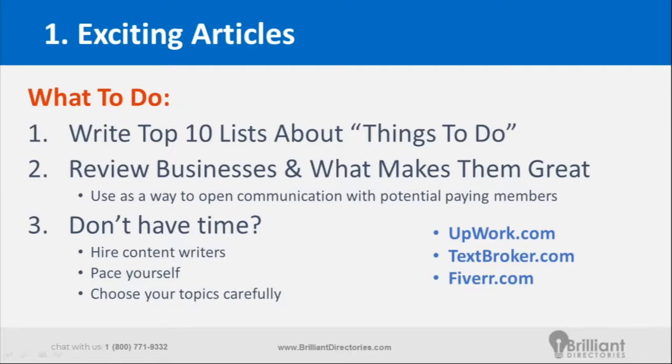If I have a local directory, I may write an article on the top 10 or the top 3 Italian restaurants in my town. And I'll do an in-depth review on all 3 of them. I might even go to each one and take pictures if I really wanted to take it to the extreme level. The reason why I would do all of that is because the end game would be partnering up with restaurants nearby.